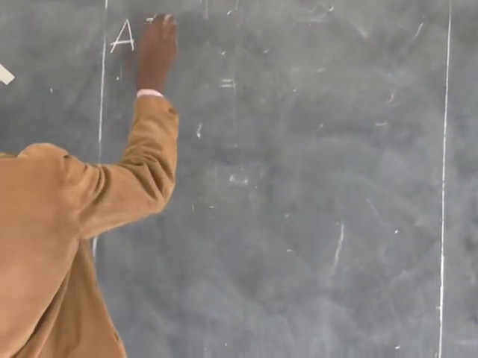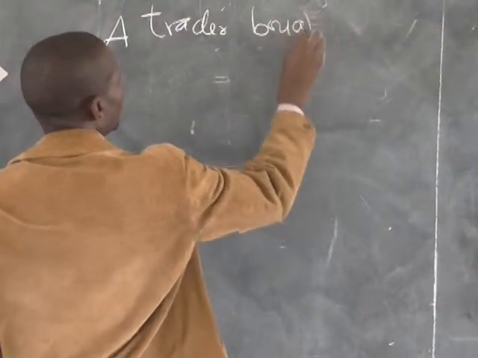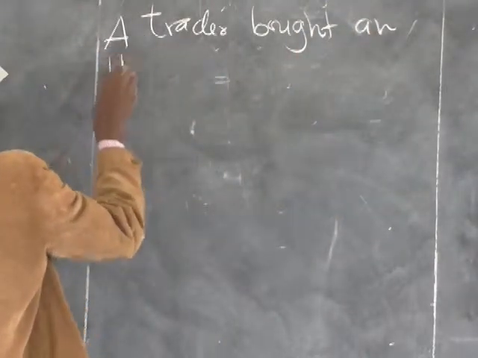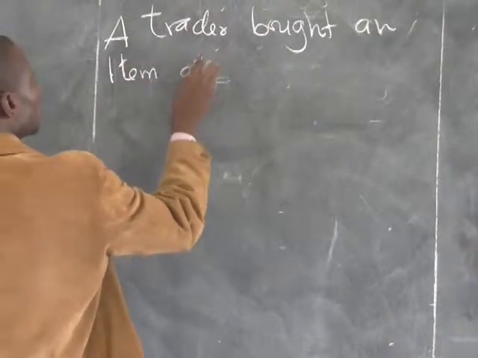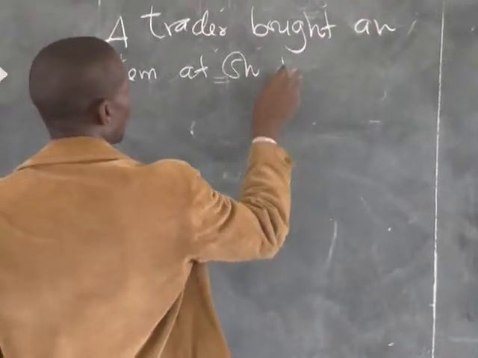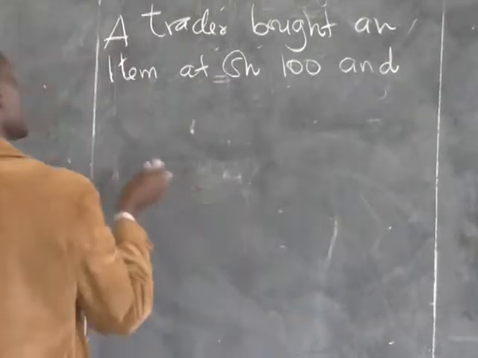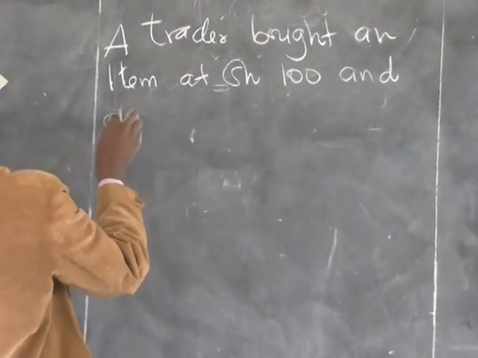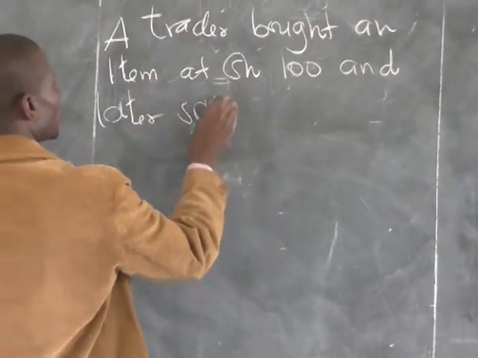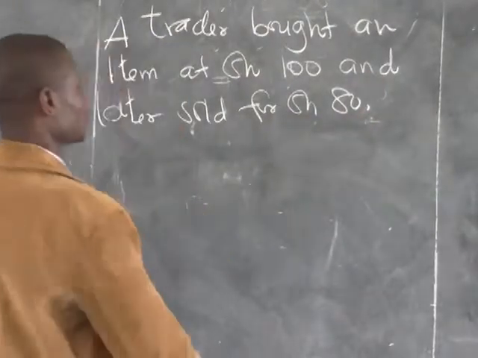So we are told a trader bought an item at Kenya shillings 100 and later sold it for 80 shillings.